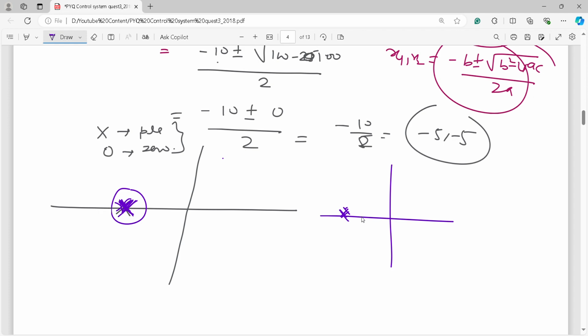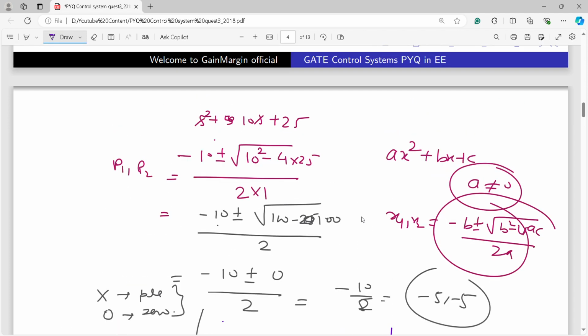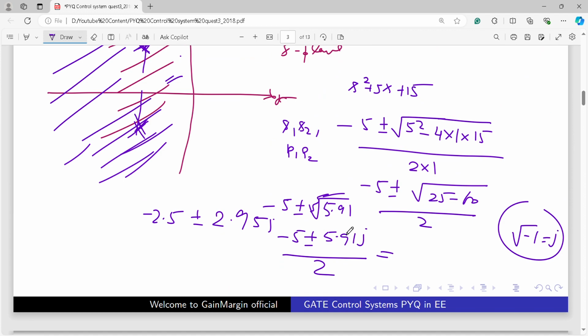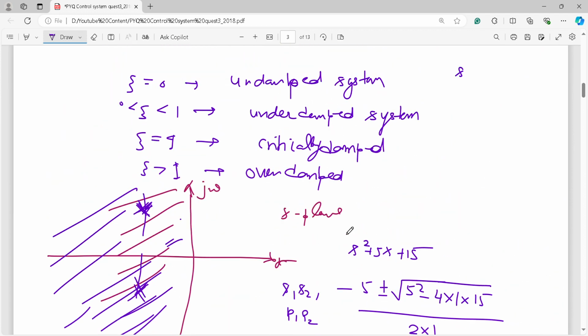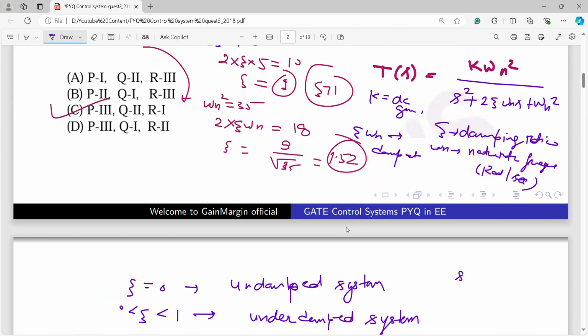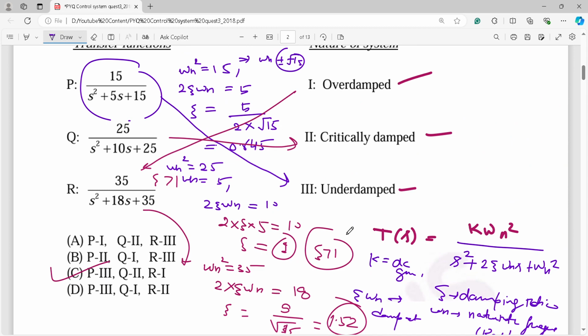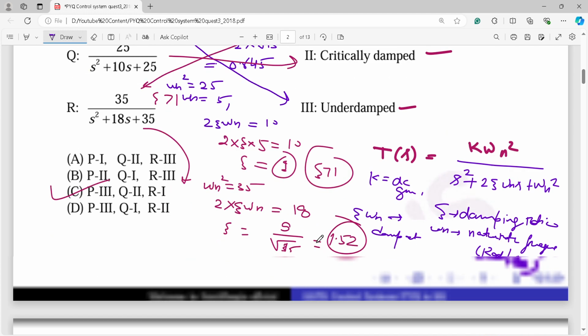After this, in case of an overdamped system, for example s square plus 18s plus 35.